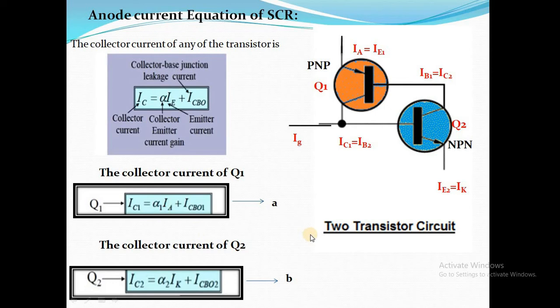So directly here I am taking in place of IE1 as IA, plus leakage current ICBO1.